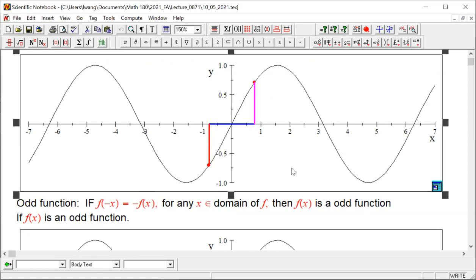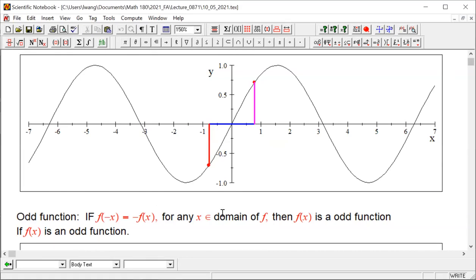So for an odd function, what it means is that, for f of x, whenever the inputs are opposite, their respective outputs are opposite.